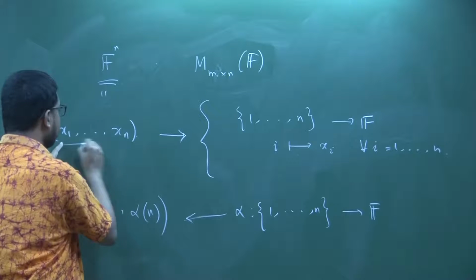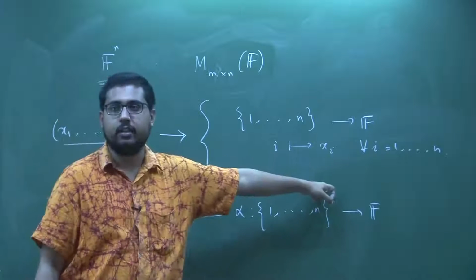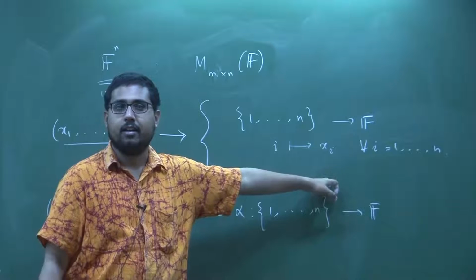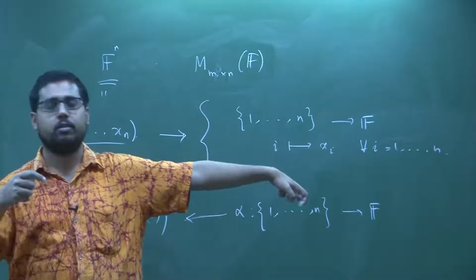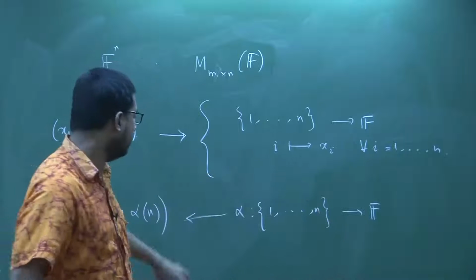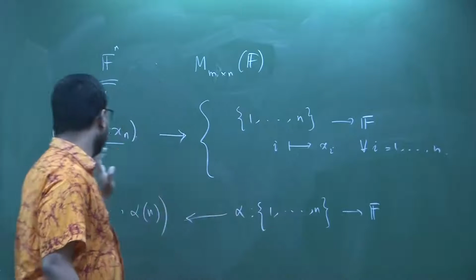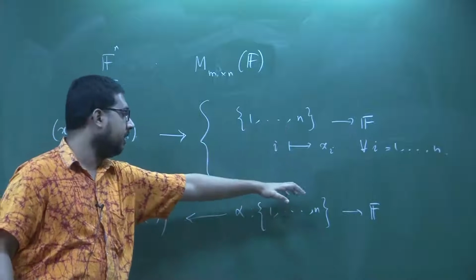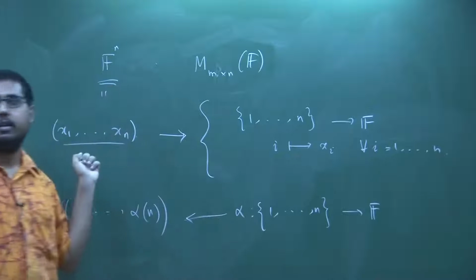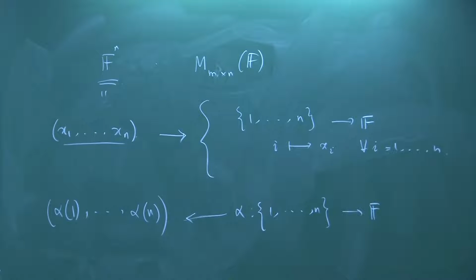Because start with a tuple, construct the map, and then apply the mechanism of constructing a tuple from the map. When starting with the tuple you construct the map, and then applying this mechanism you construct the tuple from the map that you have just obtained, you will get this tuple back.